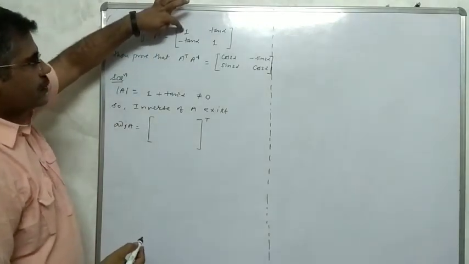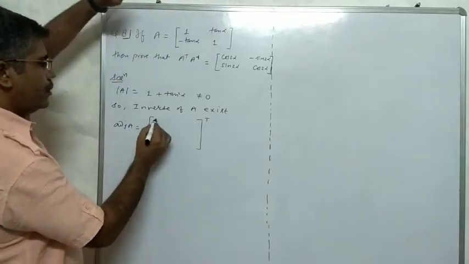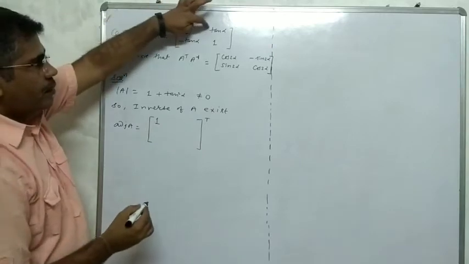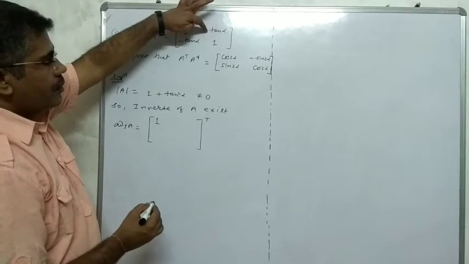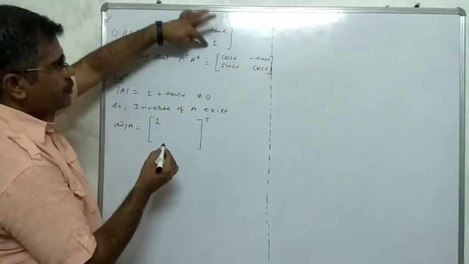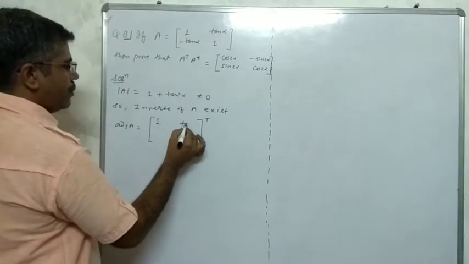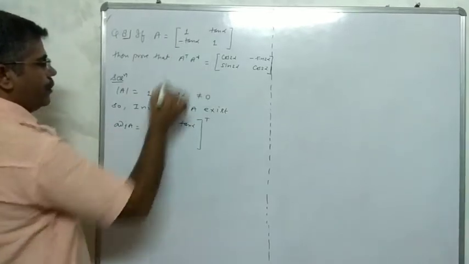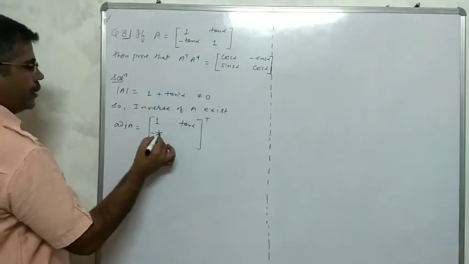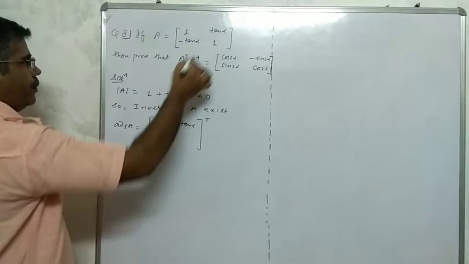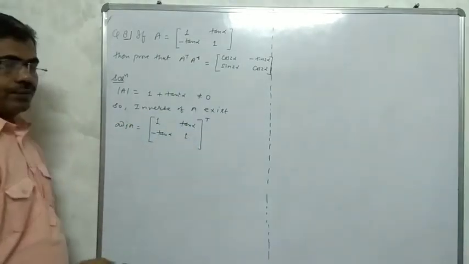C11: this row and this column delete, we have 1. C12 is negative. This column and this row delete, we have plus tan alpha. C21 is minus tan alpha. C22 is plus 1.